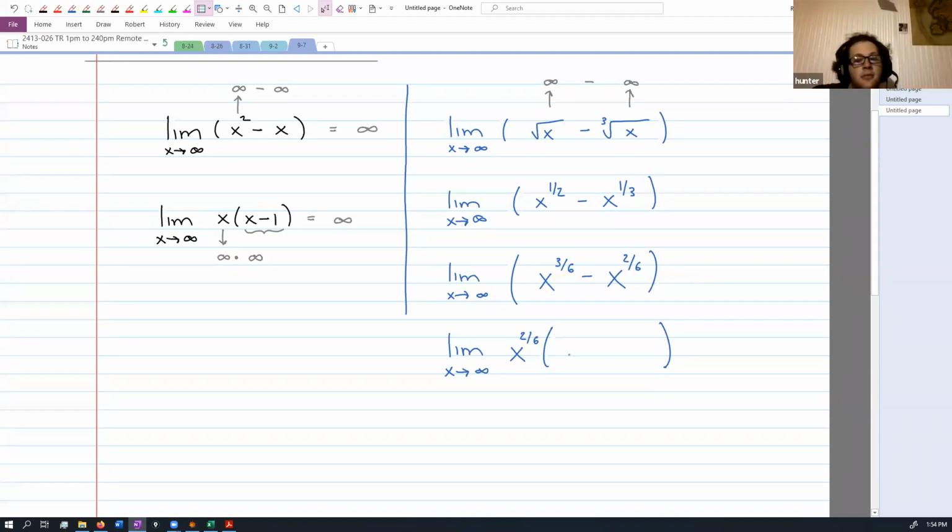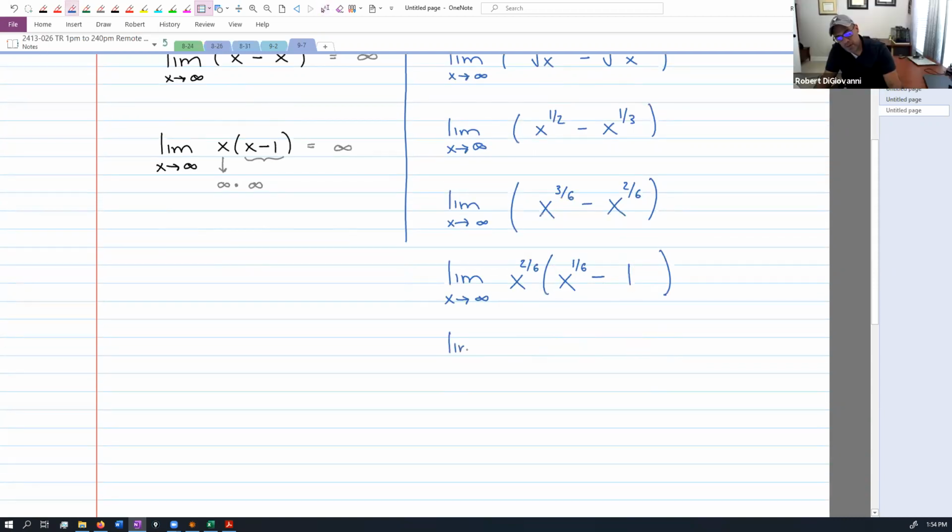It'd have to be x to what power though? You're going to add the powers, right? 1/6. Good. And then minus, now what do you need here? 1, wouldn't it be? 1, right?